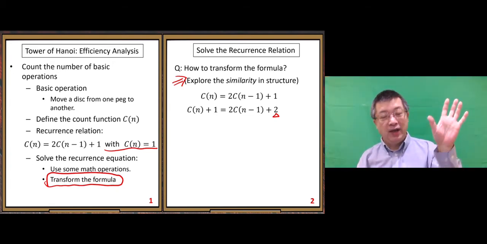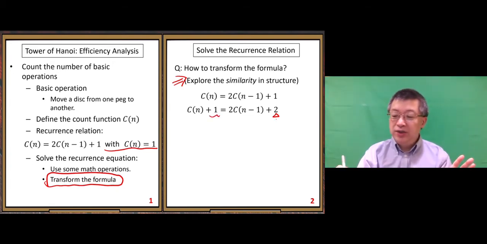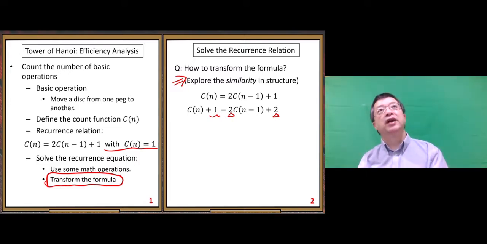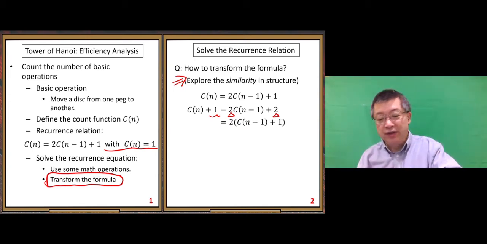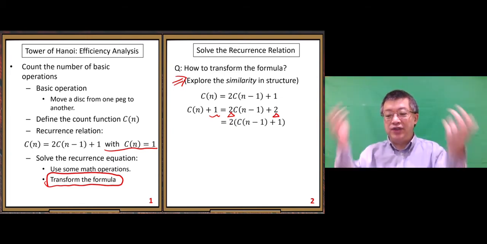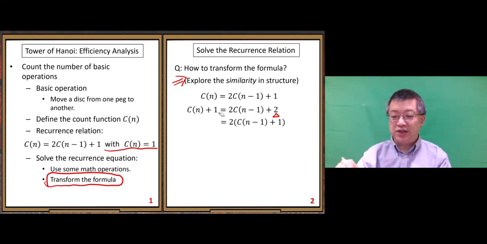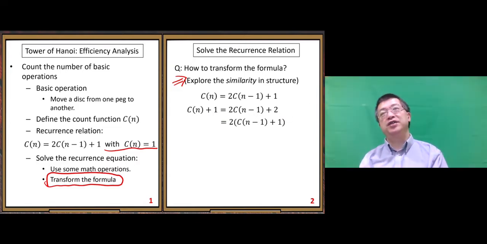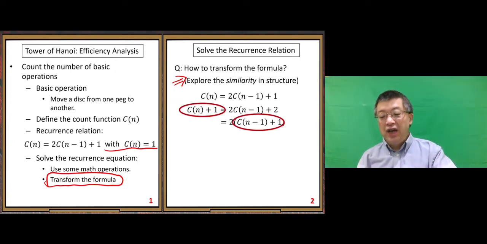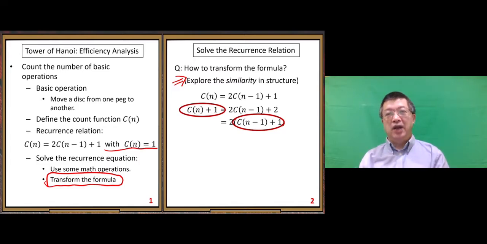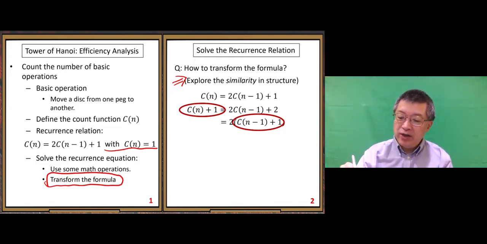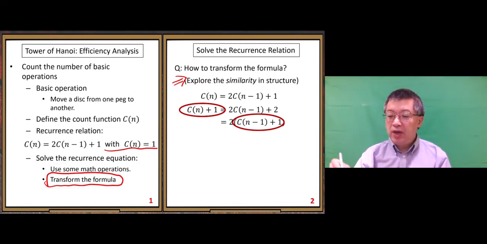So +1, +2 looks different, but here there is a coefficient 2. Can we factor that 2 common factor out? So we get this simple factorization. After that, you compare again, and you can see now we get a similar structure: C of n plus 1, C of n minus 1 plus 1.